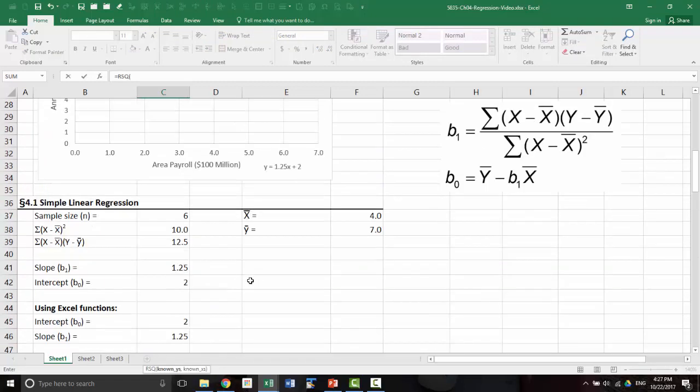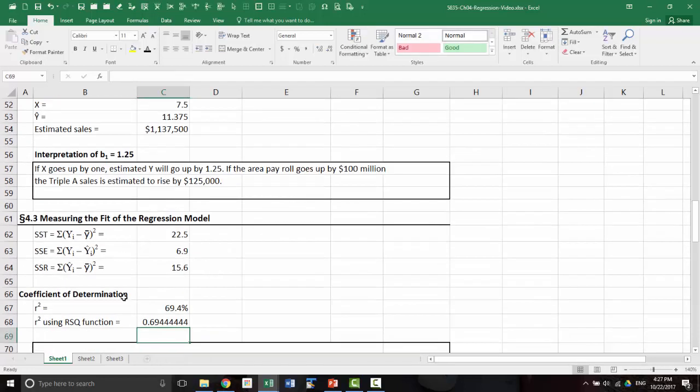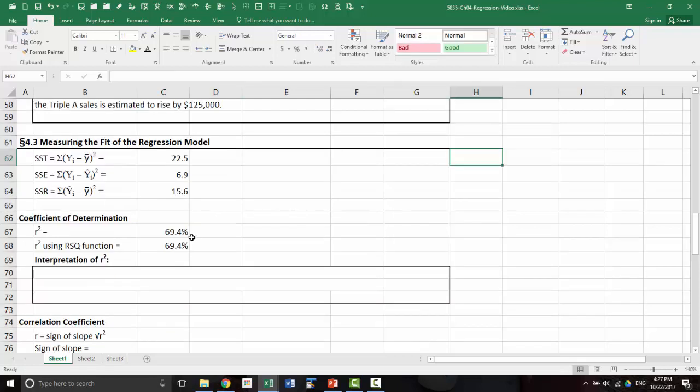And once again, Y first and then X. And that will give you the coefficient of determination. So how do you interpret the coefficient of determination? The regression line explains 69.4% of the total variability present in the Y data.